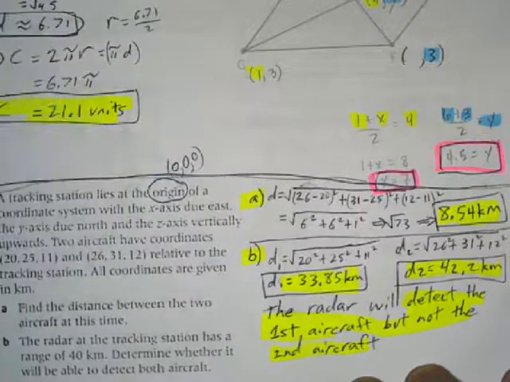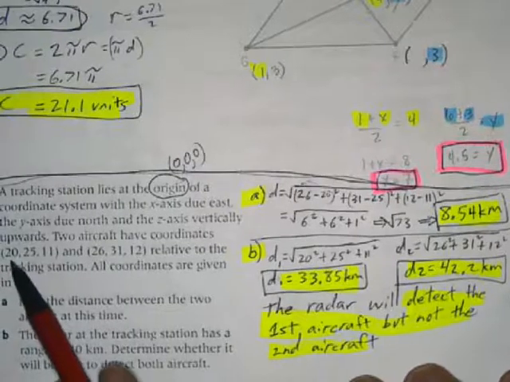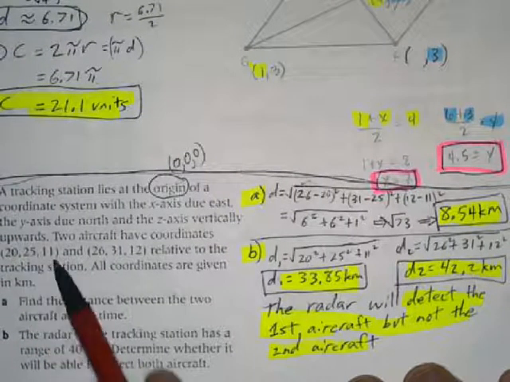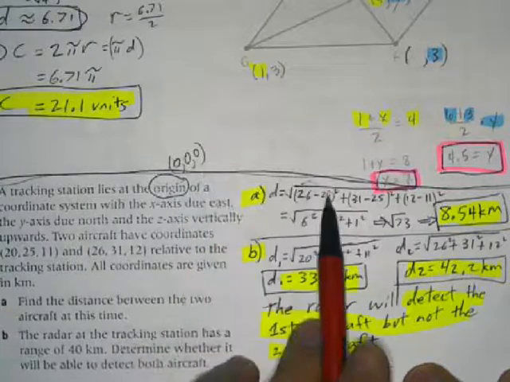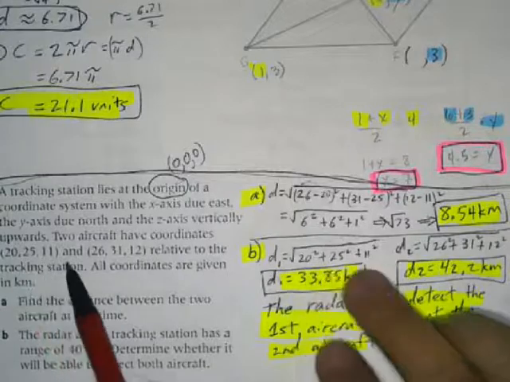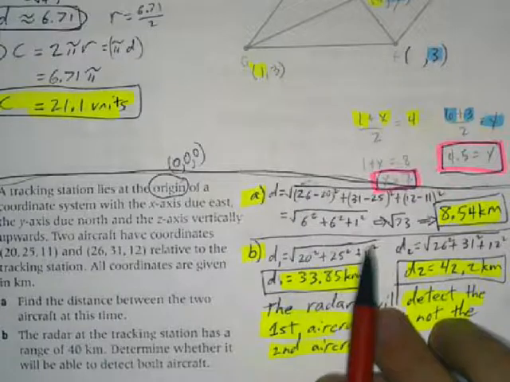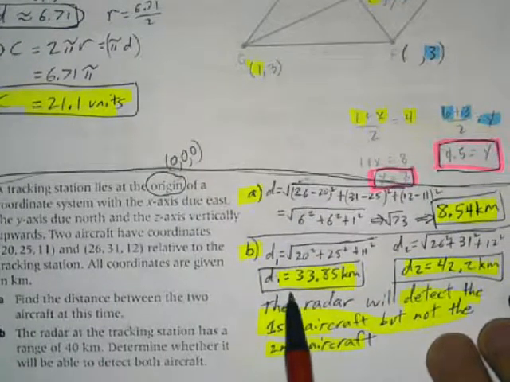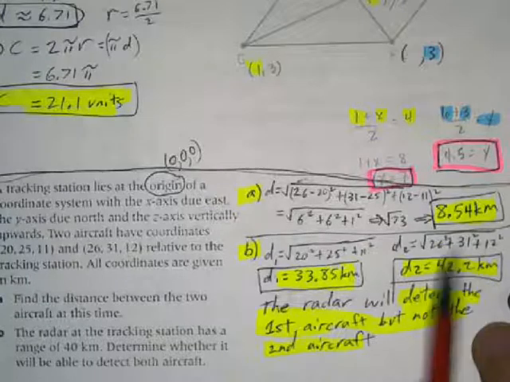So to figure out the distance between aircraft A and the origin, these subtraction values are going to be 0. So I just do 20 squared plus 25 squared plus 11 squared. And we do the calculations, and we get this distance is 33.8, and this distance is 42.2.